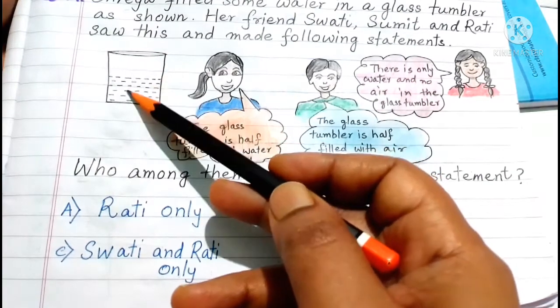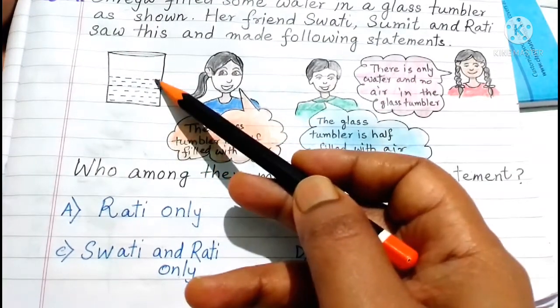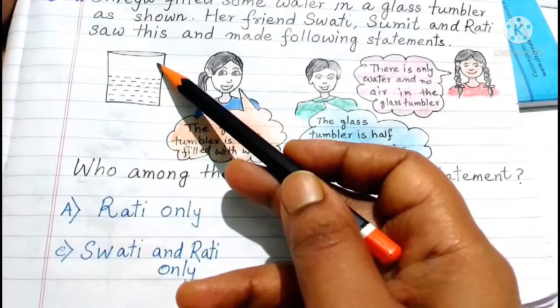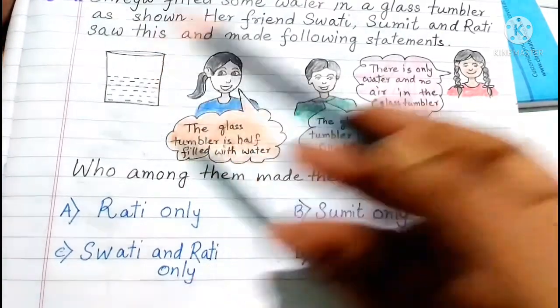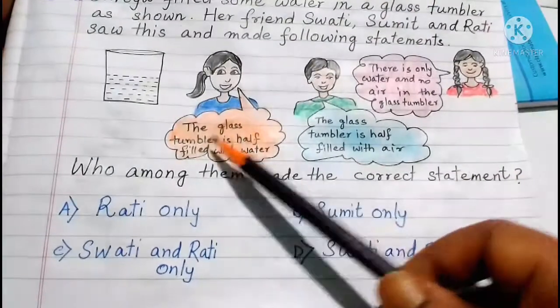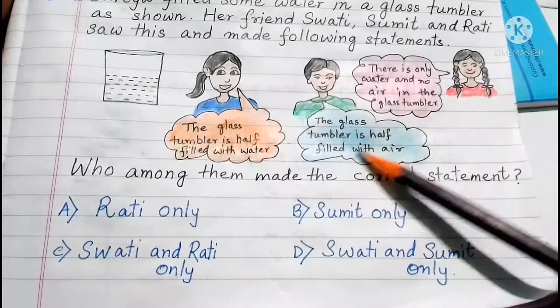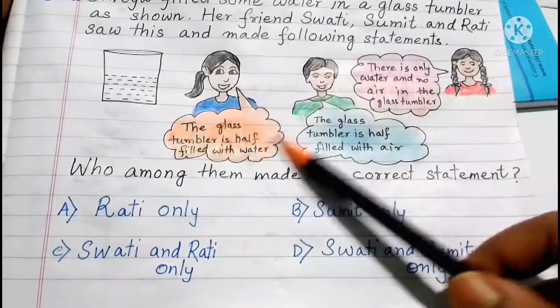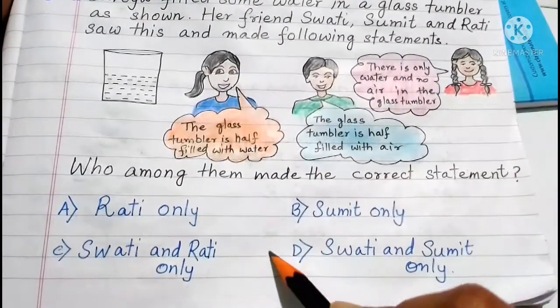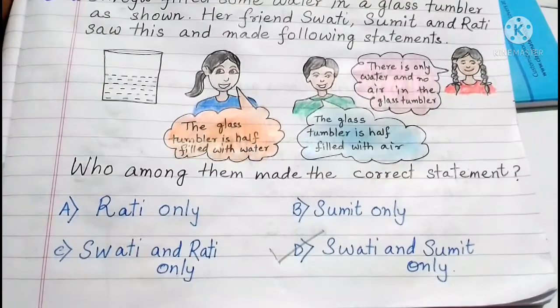So this glass tumbler is half filled with water and it must be half filled with air. Swati said the glass tumbler is half filled with water and Sumit said the glass tumbler is half filled with air. So both Swati and Sumit are saying correct. Okay, so D option is correct.